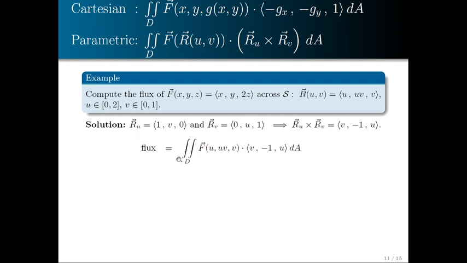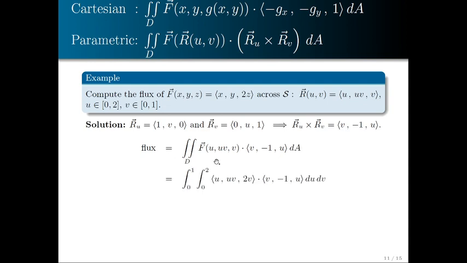Next, our flux is the surface integral of F dot n d sigma over our surface S, which by this second technique can be written as the double integral of F, written in terms of u and v, dotted with Ru cross Rv dA. So what is F?